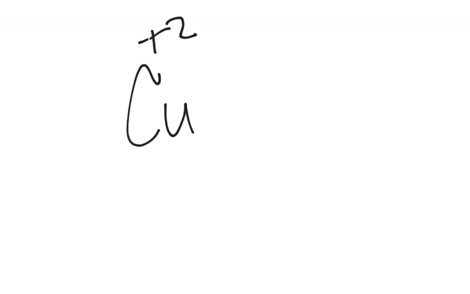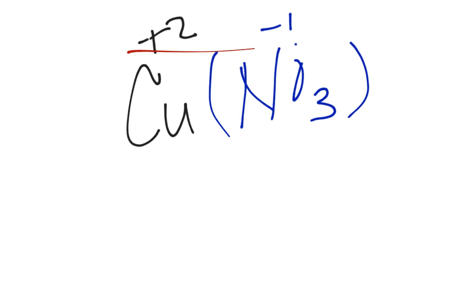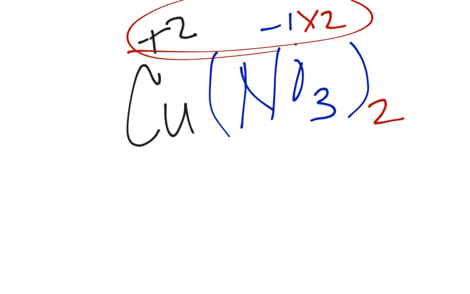And then nitrate was that polyatomic, and they have a set charge. I've got to make these two charges the same, so I've got to times this one by 2, so boom. That's how we would go from the name to the chemical formula of copper nitrate.